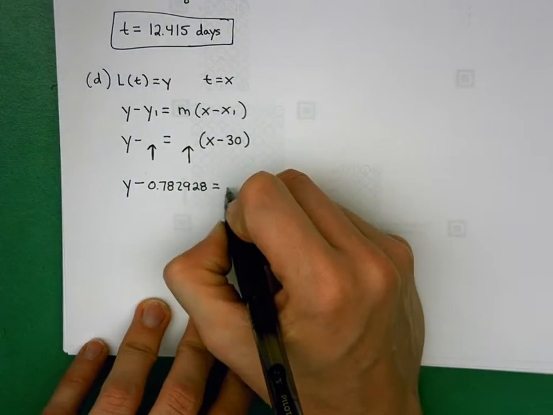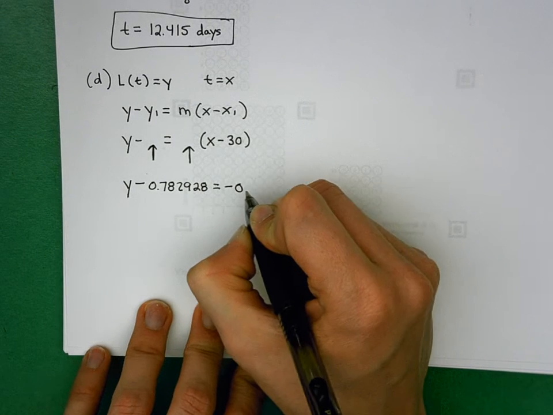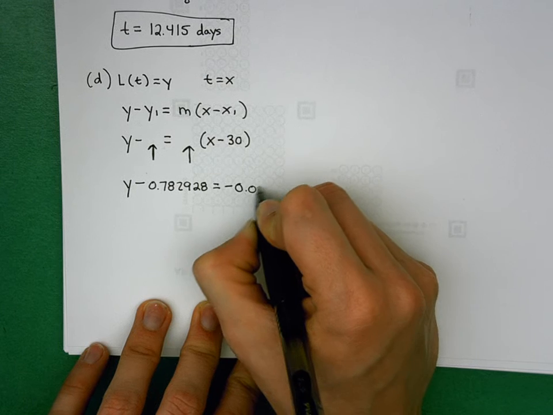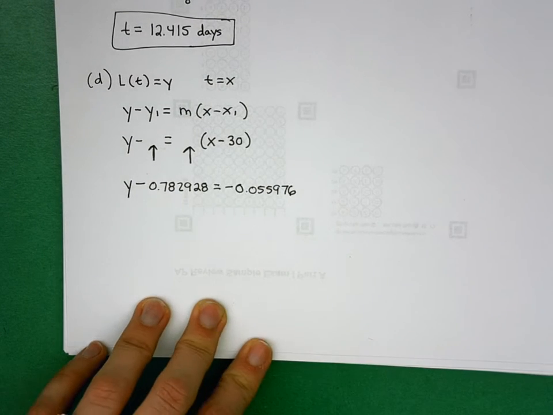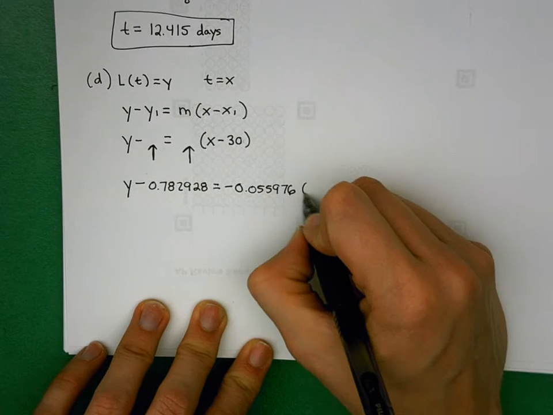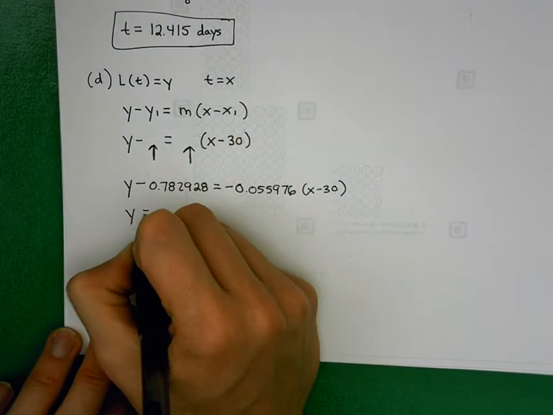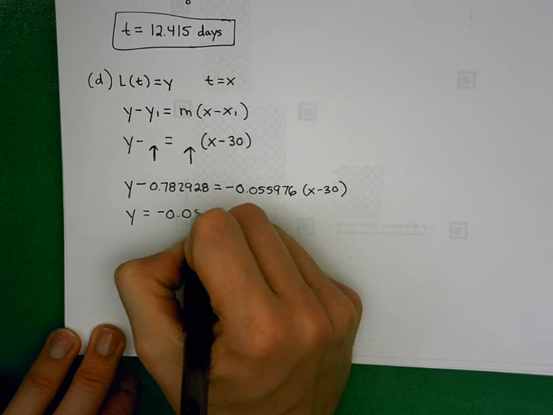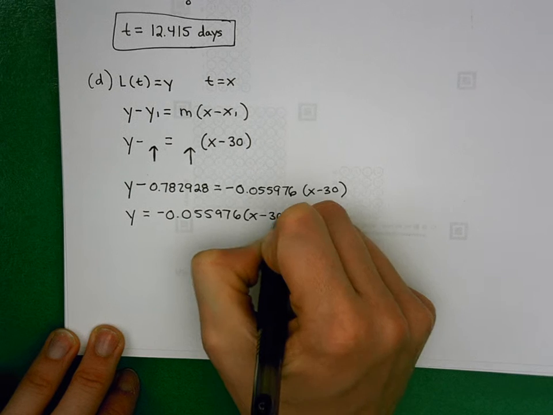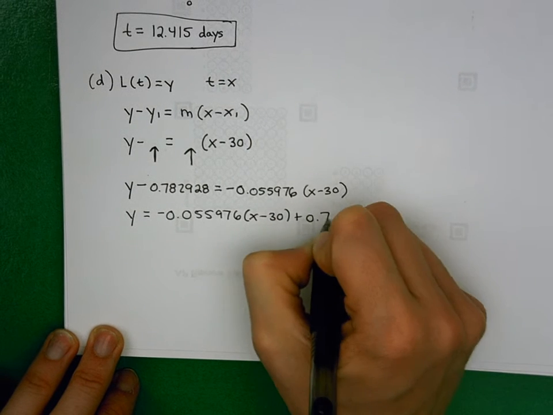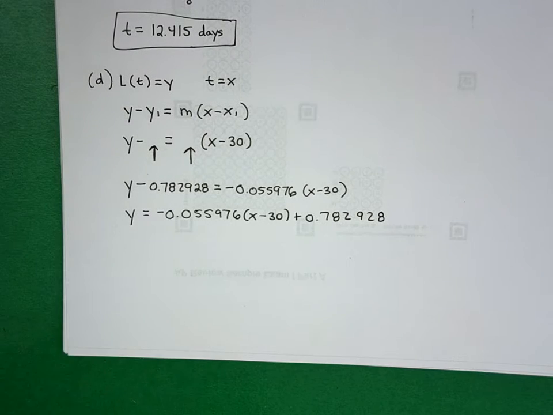Regardless of however you do it, whether it's in your graph screen or by hand, you're going to get negative 0.055976. And so then that's my function, y equals negative 0.055976 times x minus 30 plus 0.782928.